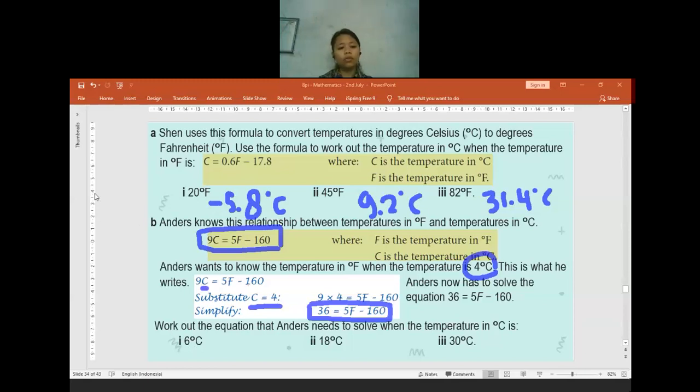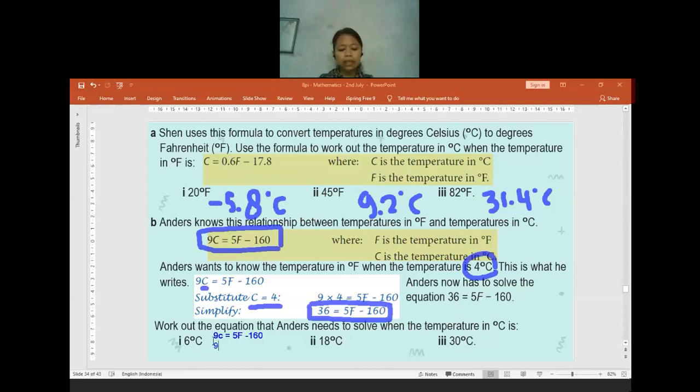Okay, maybe you are still confused, so I will write 9C is equal to 5F minus 160. We already have the value of C, so we just need to replace C with whatever number we have.